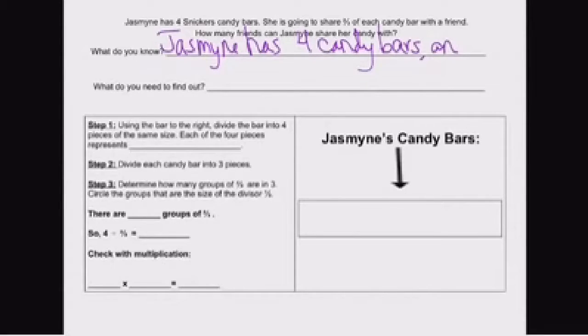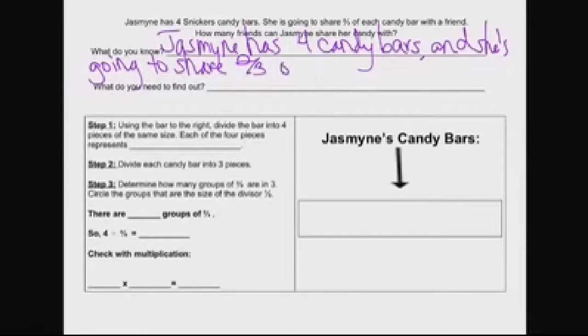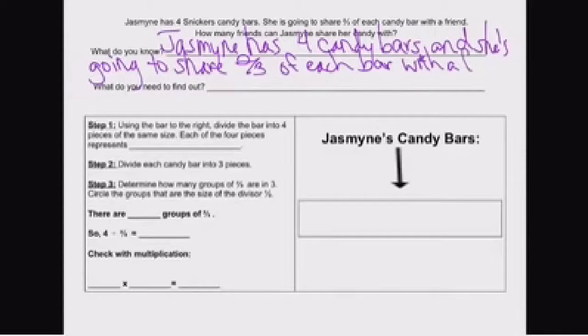And she's going to share 2/3 of each bar with a friend. What do you need to find out?